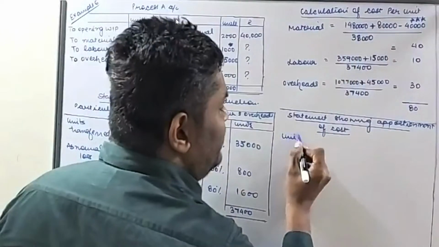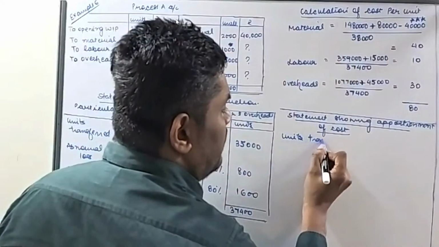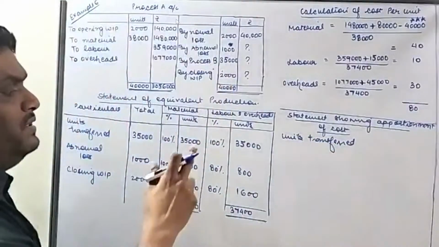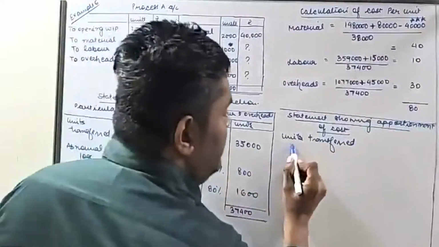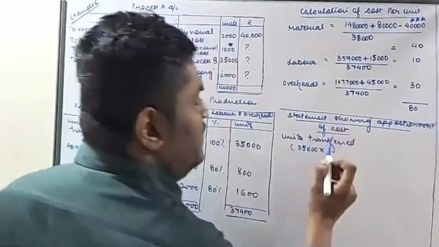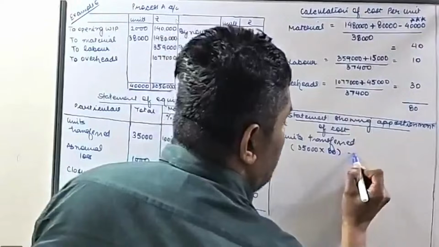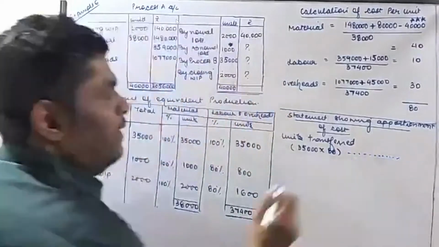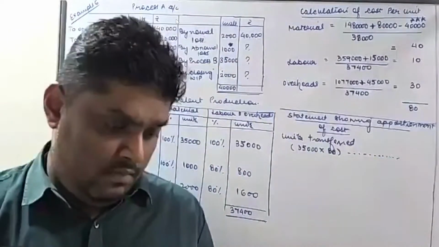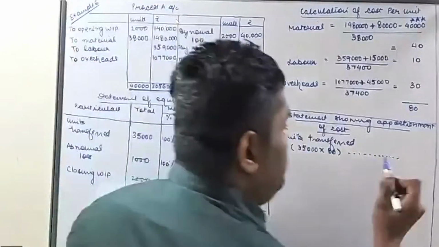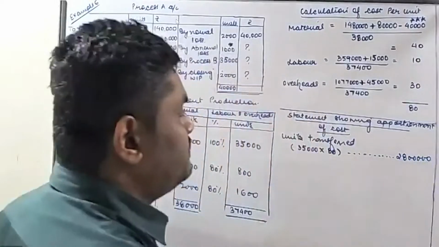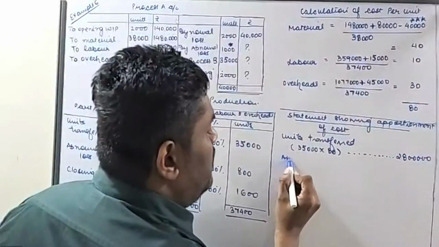So let's start with units transferred first. So units transferred are 35,000 and they are 100% processed. So 35,000 into 80. So this will be 28 lakh. Thereafter, abnormal loss.